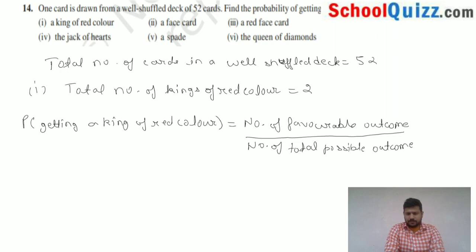Here favorable outcomes we have as 2 and the number of total possible outcomes as 52. So it becomes of the form 2 by 52, which can also be written as 1 by 26. So 1 by 26 is the probability of getting a king of red color.